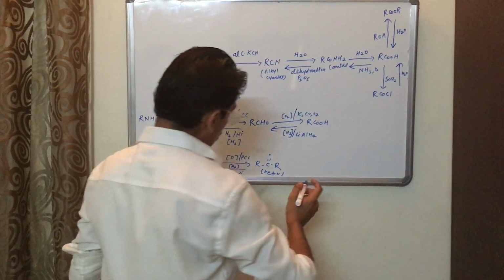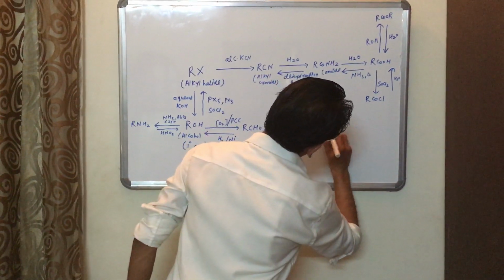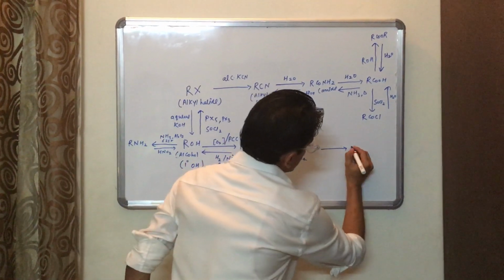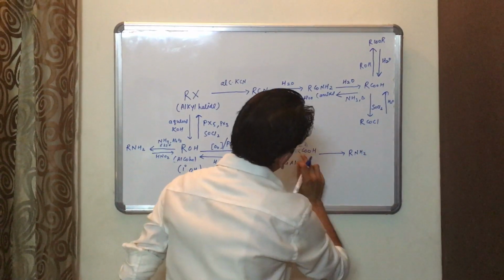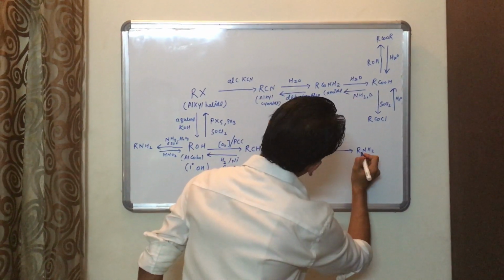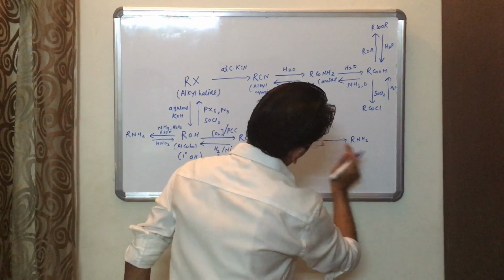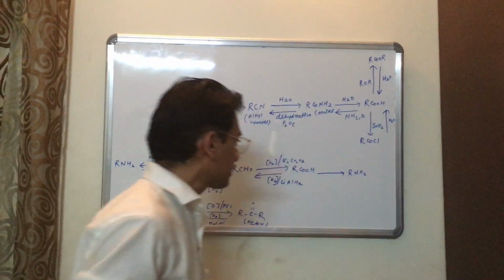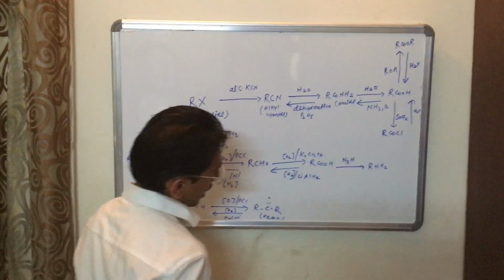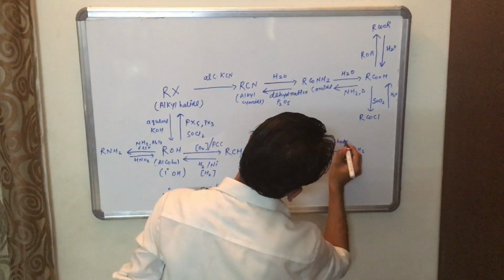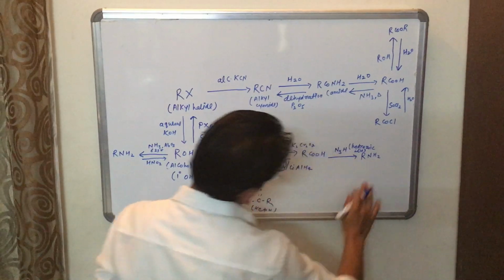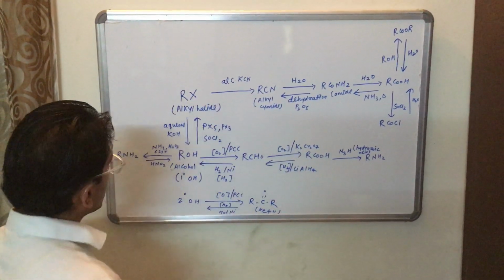Now I have a carboxylic acid, and from carboxylic acid, if I want to obtain amine, where the number of carbon is one lesser in comparison to the reactant, then I have to add N3H, hydrazoic acid. Okay, we'll get amine.